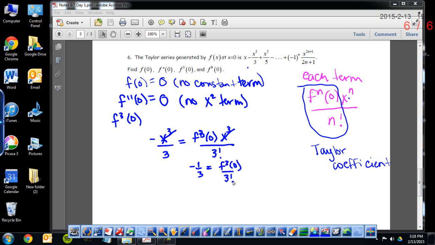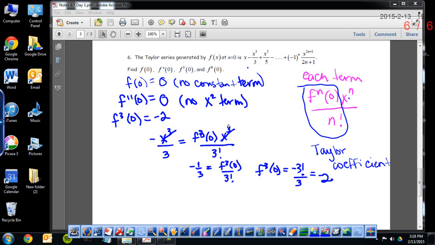If I cross multiply, I get that the third derivative is equal to negative 3 factorial over 3. That's 6 over 3, so we could reduce it to negative 2. So my third derivative is equal to negative 2.